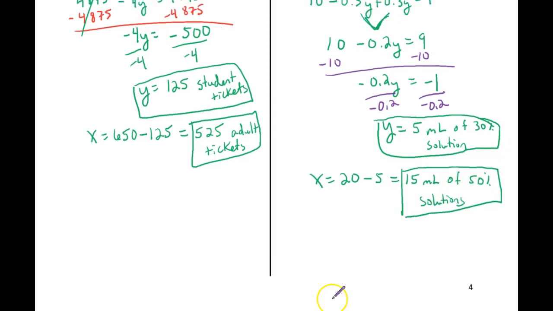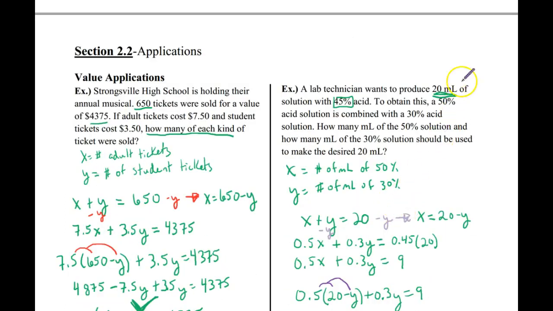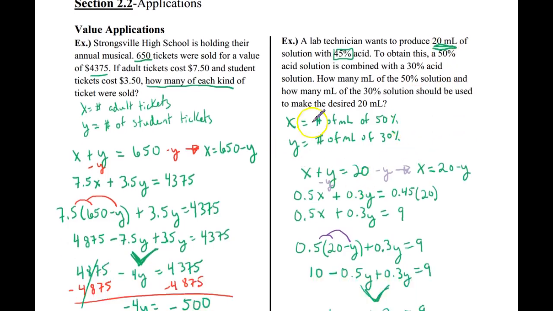In general, with these mixture problems, I start with the total amount of what I need, right? I need 20 milliliters. So I know that however much of this plus however much of that has to be the 20. And then I move on to the percents, right? These solutions have a percent of acidity.